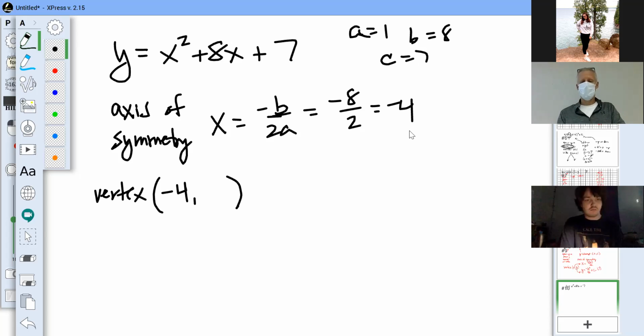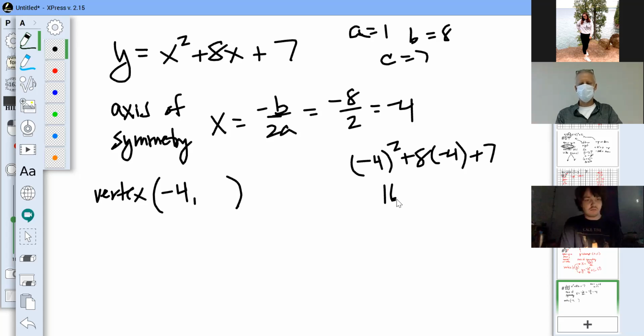Now, just to check the formula, I'm going to put the -4 in here and do it manually. Then I'll do the one I was questioning, and hopefully it's the same. If I do -4 squared plus 8 times -4 plus 7, 16 plus -32 plus 7 is -9.